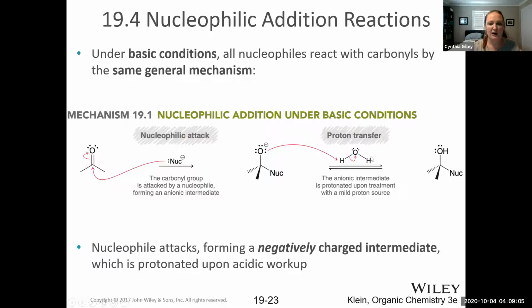So we show water as the acid under basic conditions, and it would protonate the alkoxide to form a neutral alcohol that could then be isolated. Those are the 2 steps involved under basic conditions: direct nucleophilic attack using the strong nucleophile, followed by proton transfer to form the neutral product.